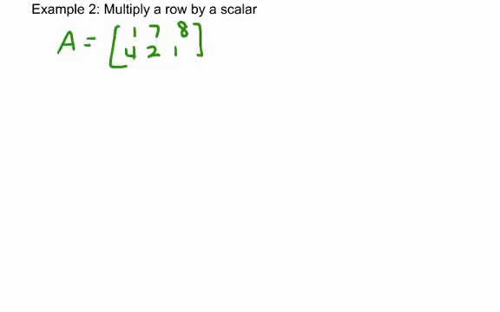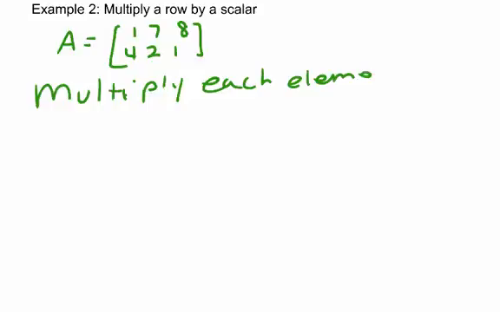Now let's suppose we want to multiply each element in the second row by 5.